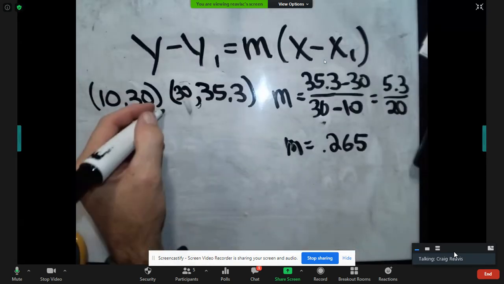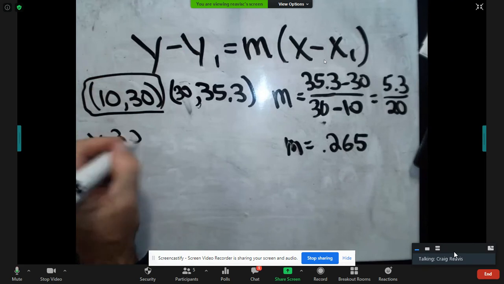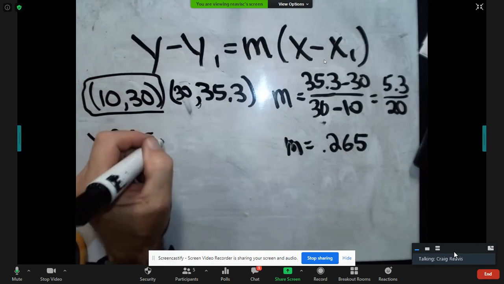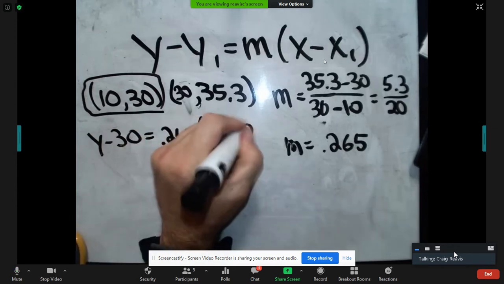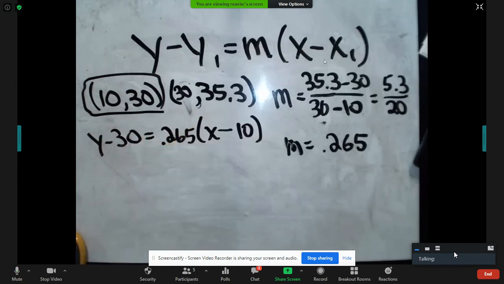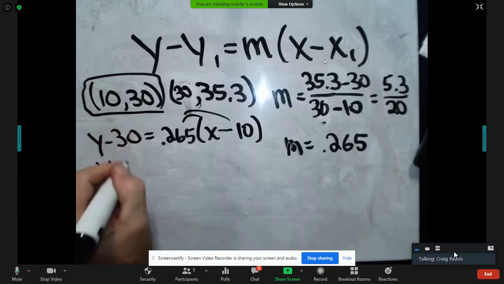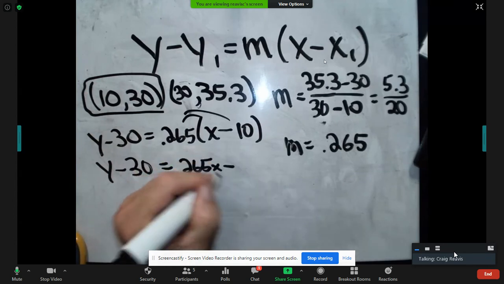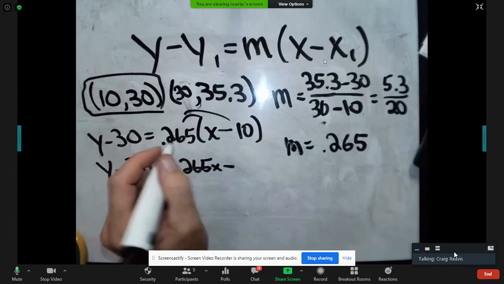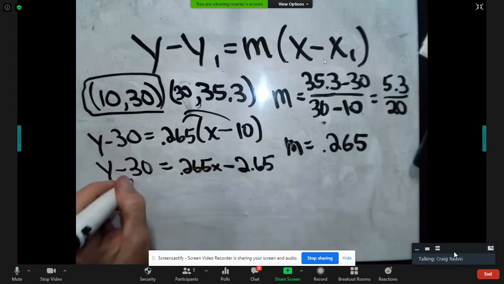All right. Now, let's come up with this equation. I'm going to use this first point because it doesn't have a decimal in it. So I'm looking at y minus 30 equals 0.265 times x minus 10. Now we just do the two things. We distribute. y minus 30 equals 0.265x minus 10 times 0.265 is 2.65. And then I just have to add 30.